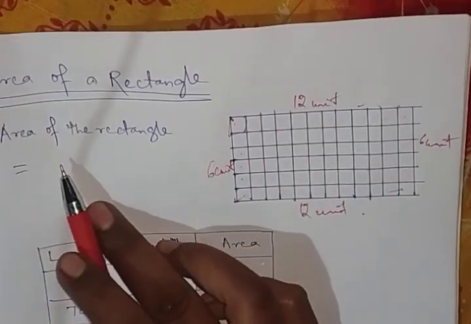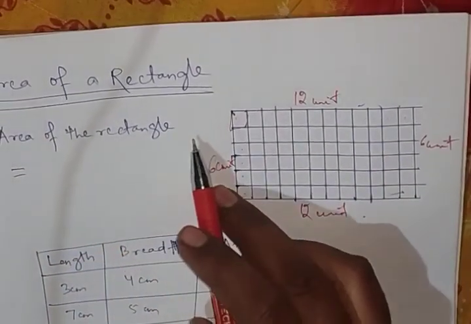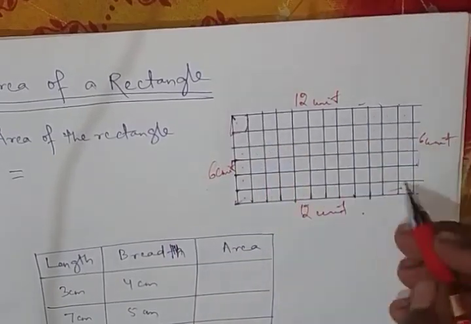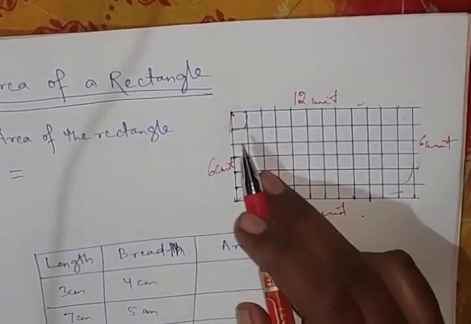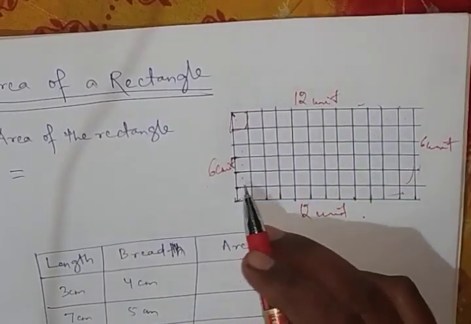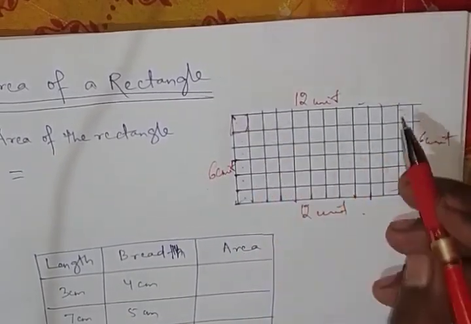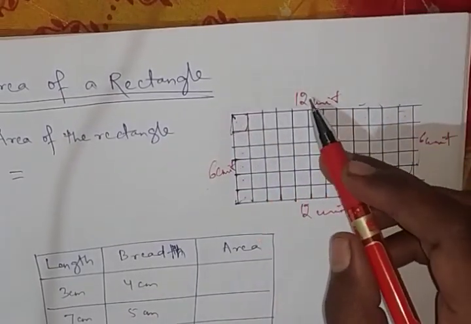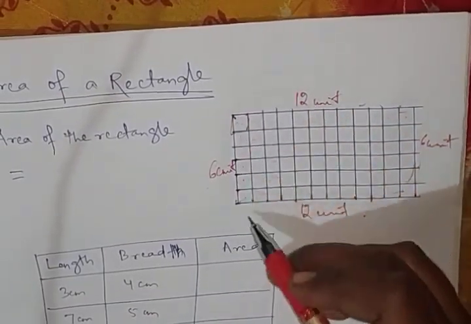What we have to find is the area of the rectangle, the area covered by these squares. Let's look at how much area is covered by this rectangle.